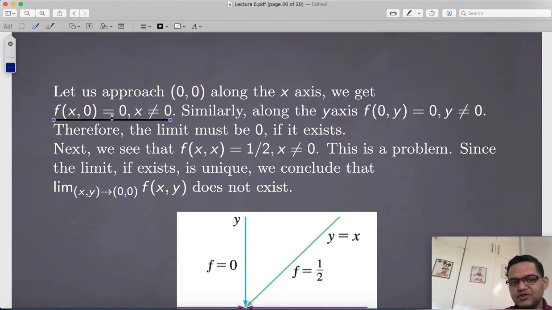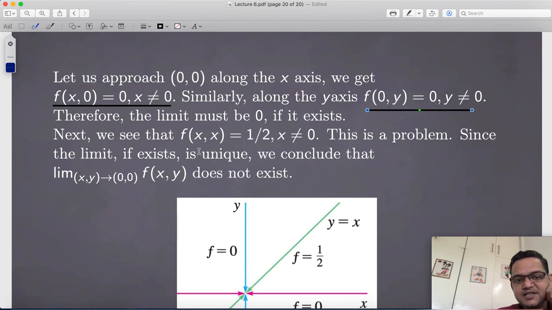So now I can take this x very close to 0. That means I can take the point x comma 0 very close to 0 0. If this function has a limit at 0 0, it has to be 0, because it cannot be any other value, isn't it? Because the limit has to be unique. I can see that along this the function is throughout 0, so the limit has to be 0, and similarly along the y-axis also this is happening, isn't it?